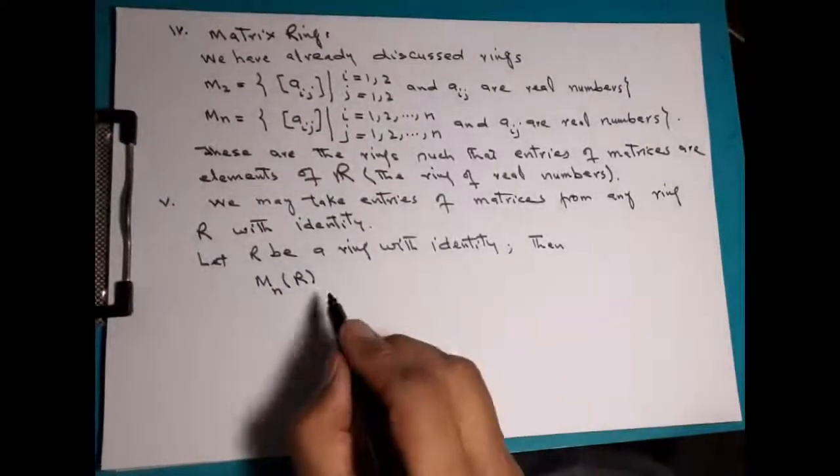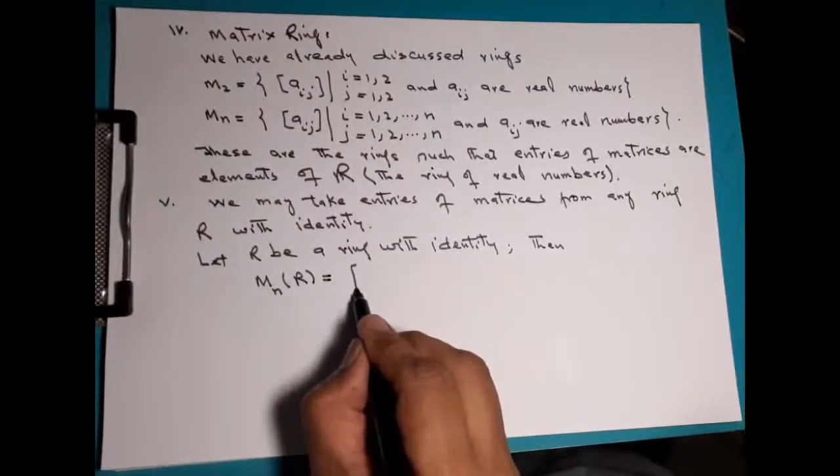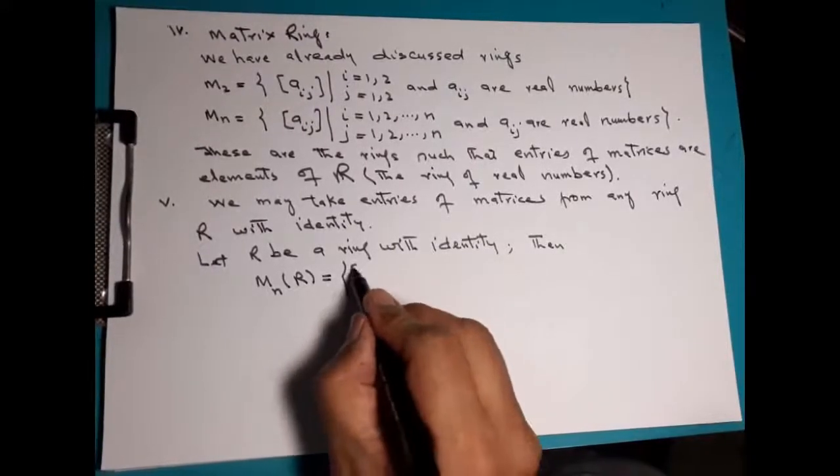So then M_n(R) is equal to square matrices A_ij.